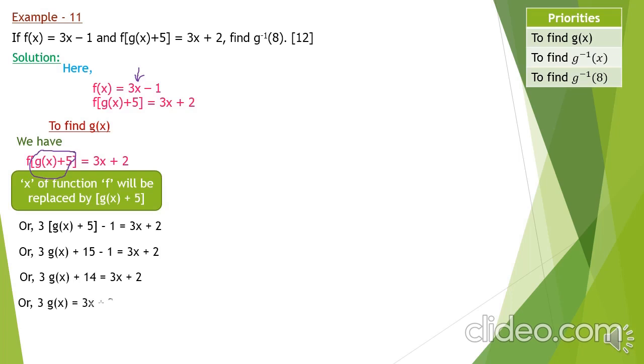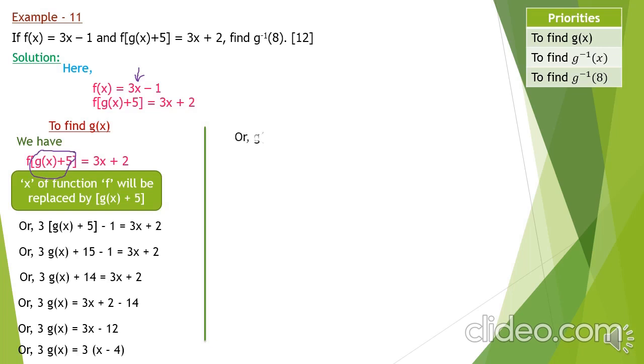3gx is equal to 3x plus 2 minus 14. 14 goes to right hand side. Or gx is equal to 3 common, and on cancelling this 3 and this 3, we get gx as x minus 4. Now it is very easy to find the inverse.